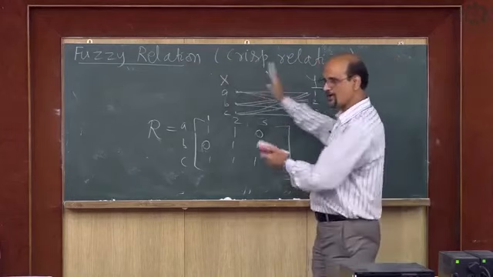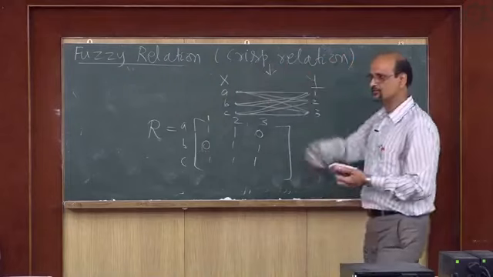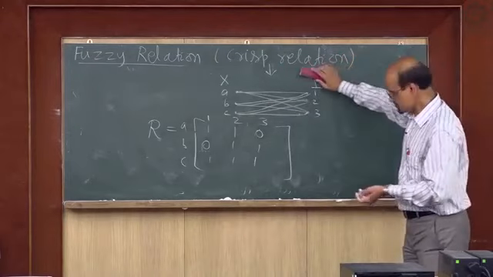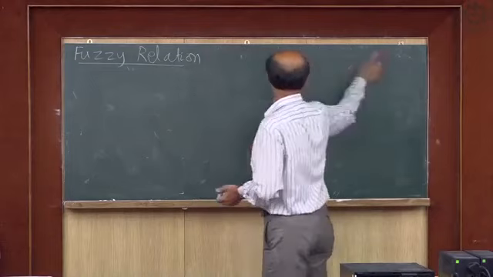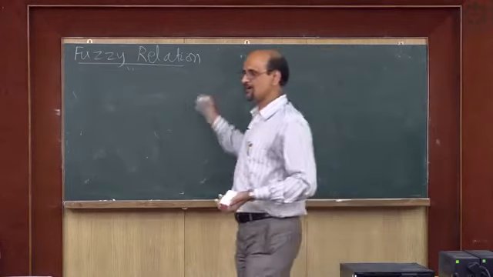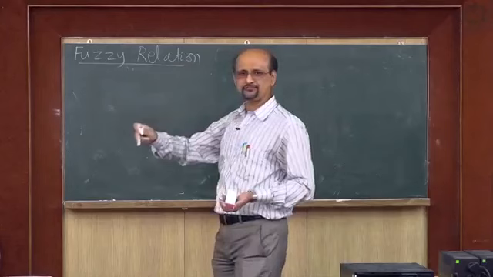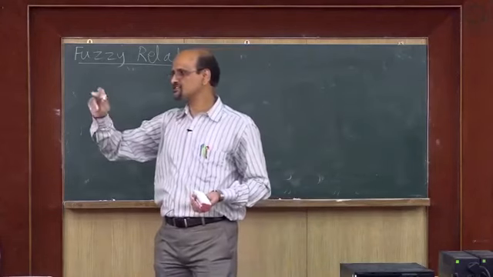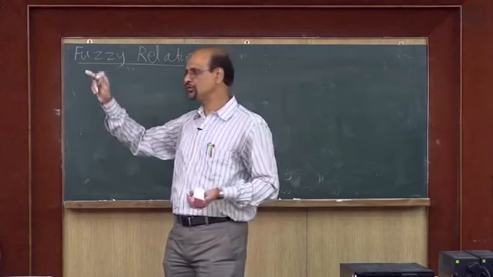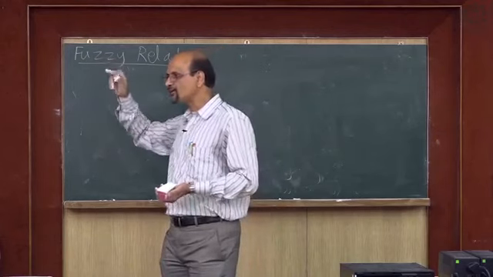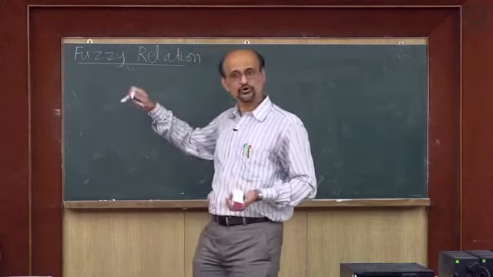Okay? So, now you have understood the crisp relation a little bit. Whenever I explain, I will correspond with the crisp one, so that you will understand. Okay? So, now the fuzzy relation. In the crisp relation, it was a mapping from the Cartesian product X cross Y to 0 and 1 only.